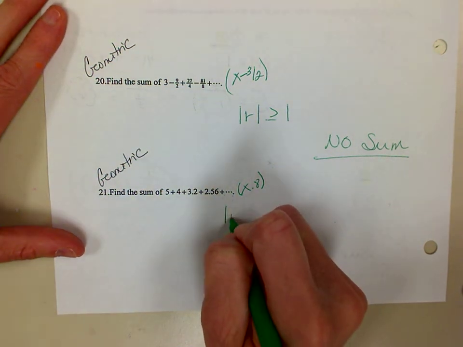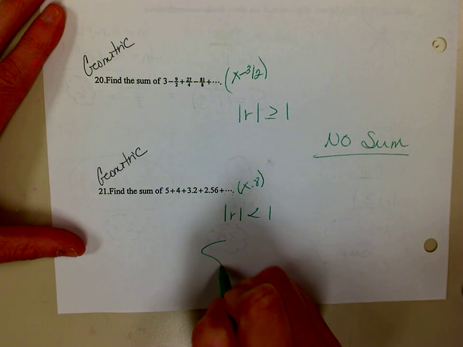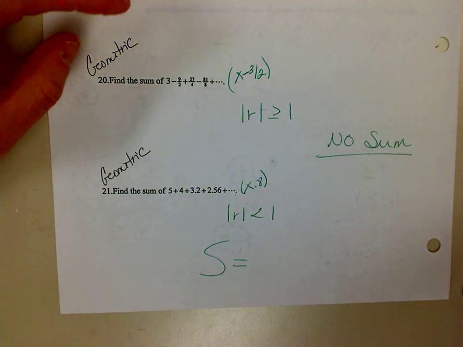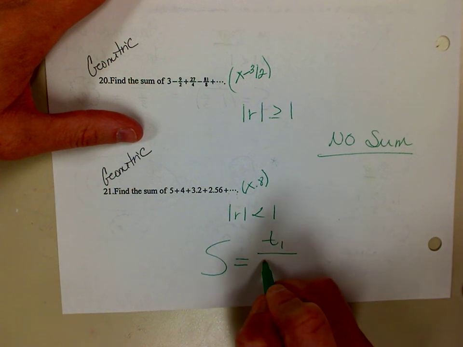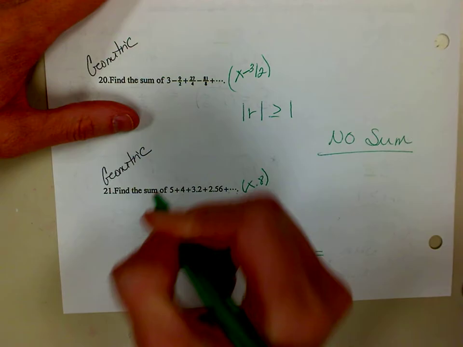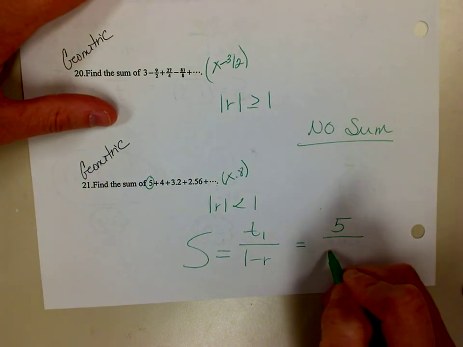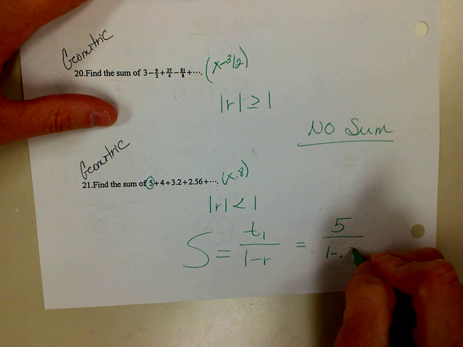So since my rate is less than 1, I am going to have a sum. So to find the sum, I take the first term and divide it by 1 minus the rate. The first term is 5, and then 1 minus the rate, which we said was 0.8.